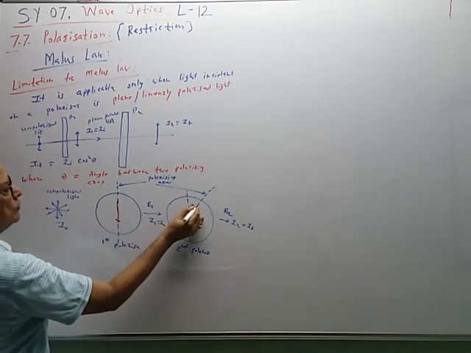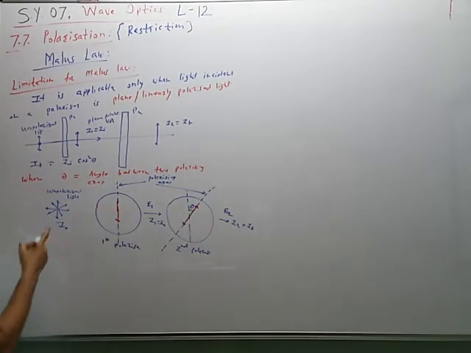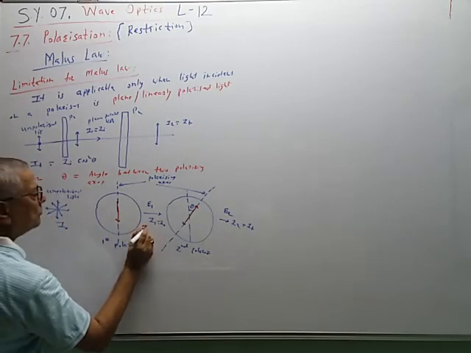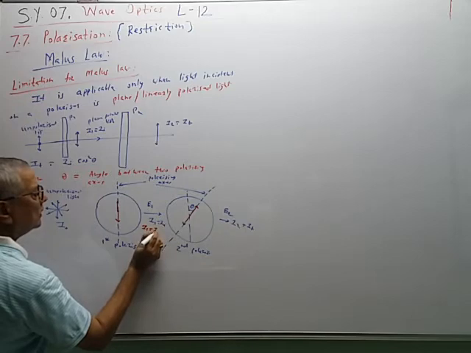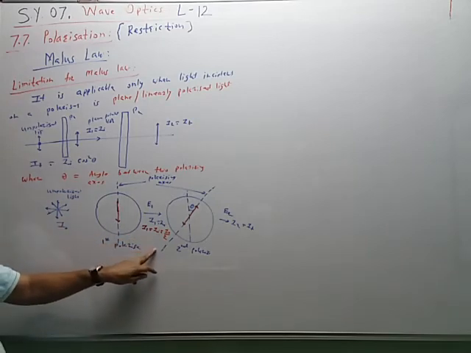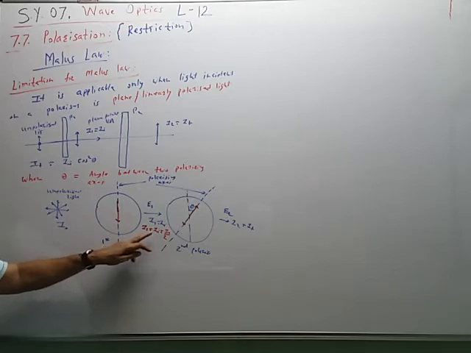So this value will definitely be less than this. If this is I0, then I1 is equal to I0 by 2. Just now we have proved this. When unpolarized light is incident on the polarizer, the intensity reduces to half.